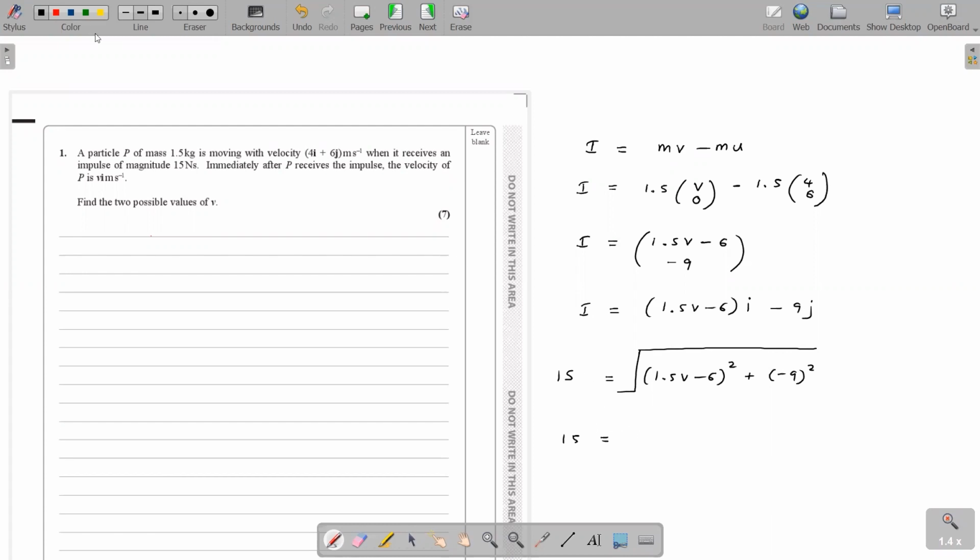I will remove the root. Shall we square both sides and remove the root? So we'll square both sides. It removes the root. I get here 15 squared equals (1.5 v minus 6) squared plus (minus 9) squared, which is 81. 15 squared minus 81 gives me 144, right?